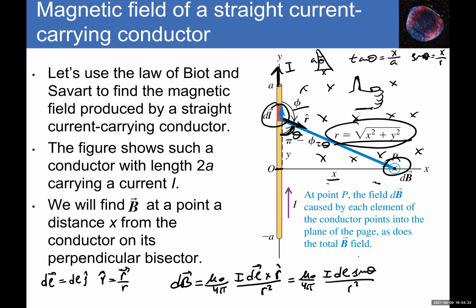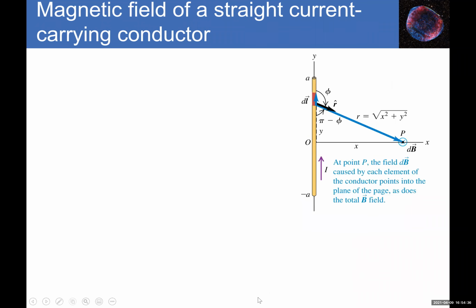So let's go to the next slide and start writing down those expressions. So in terms of what I have here, dB is equal to mu naught I over 4 pi. Then dl, I can write it in terms of basically dy, because it's along the y-axis.